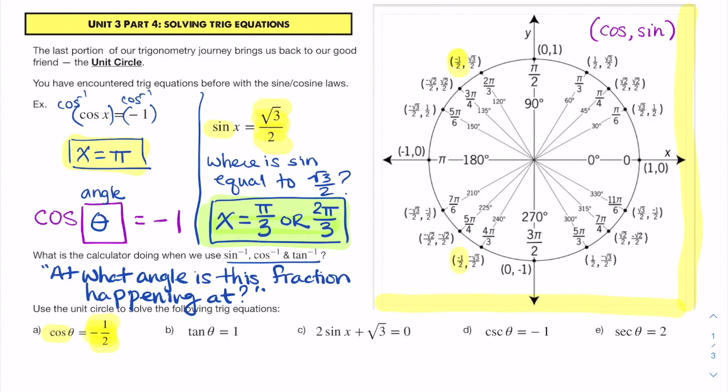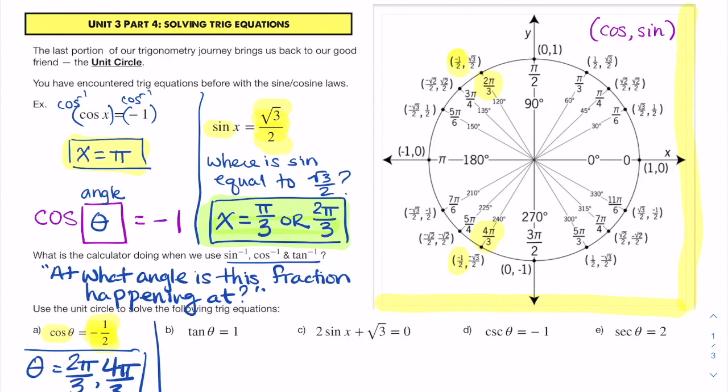And I also see a -1/2 here. So that would mean this is one of the special angles, and this is one of the special angles. So my answer would be theta can be 2 pi over 3 or 4 pi over 3. Okay, so these become really quick if you can look at the circle and figure out the answer.